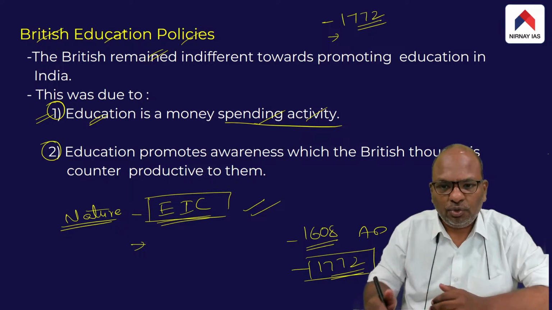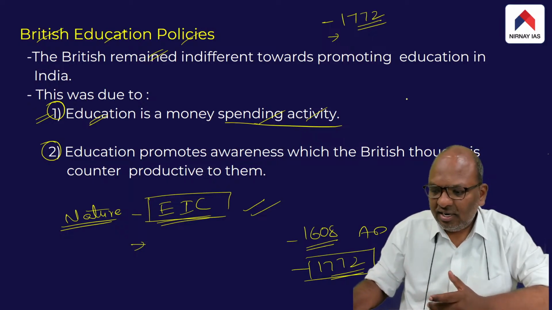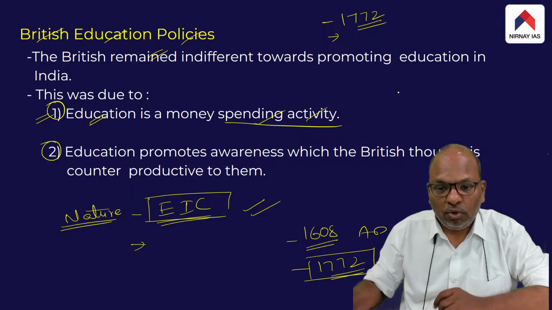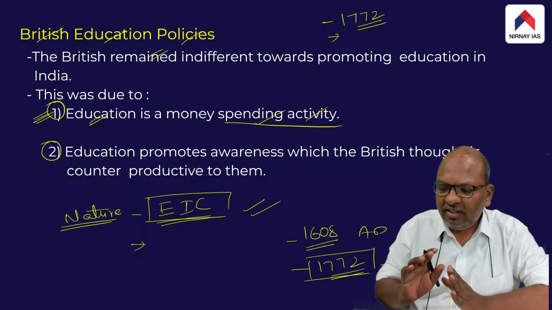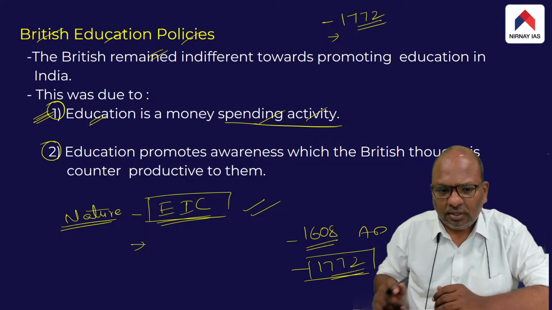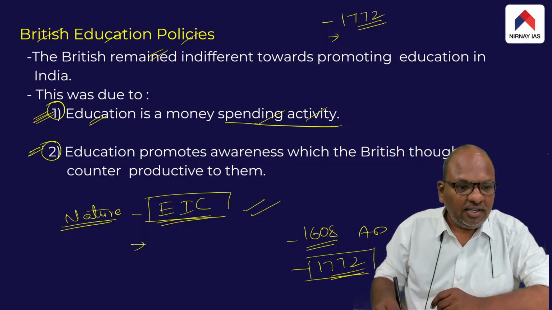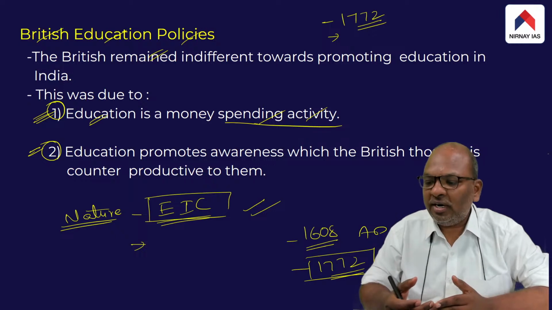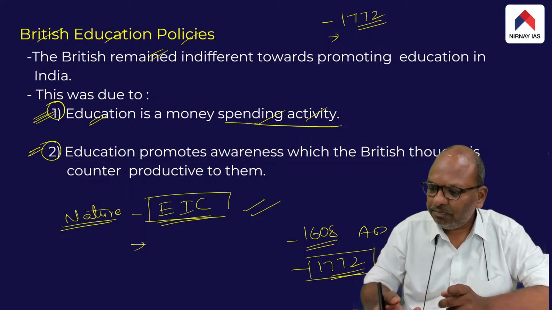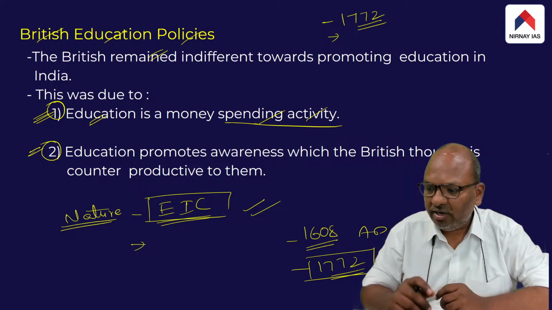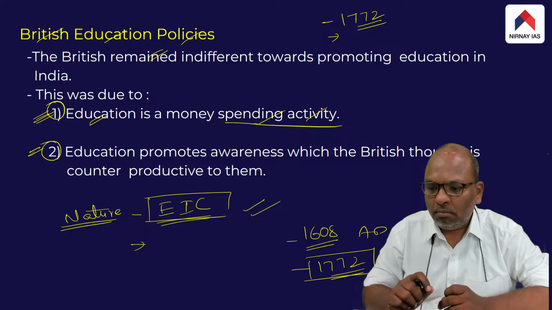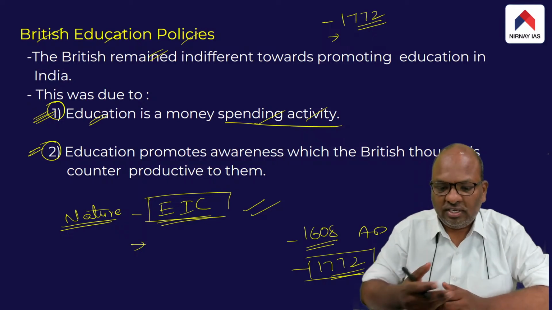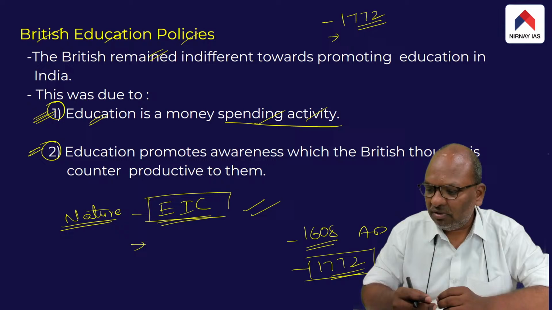So initially, at least, the British did not do much to promote education in the country. What are the reasons? There are two. One, since education is a money spending activity, the British remained indifferent. And second, education automatically promotes awareness, which the British did not want. The British never wanted Indians to become aware of the things going on in different parts of the world.